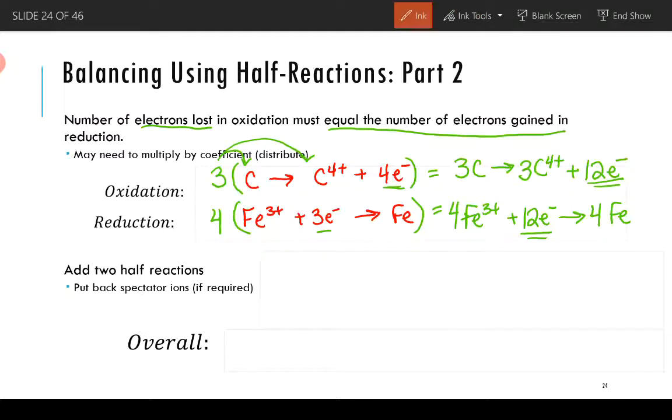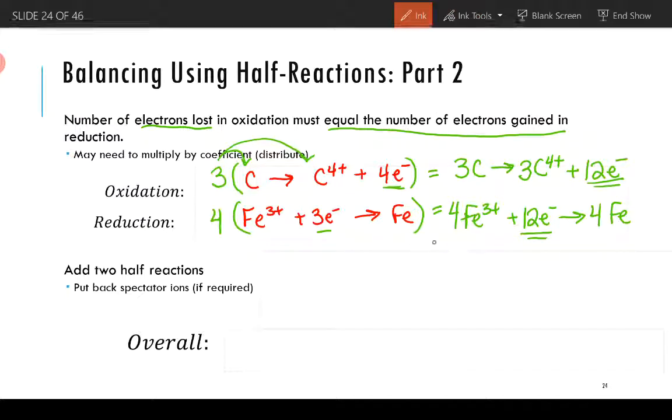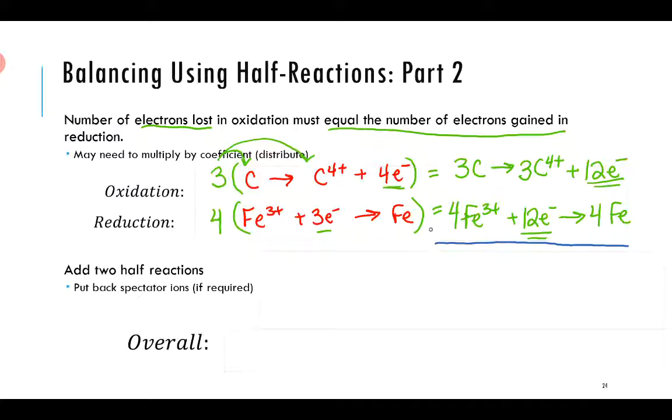Okay, and so now we can add those together. Everything on the reactant side is going to stay on the reactant side. Everything on the product side is going to stay on the product side. I'm going to rewrite this a little bit more centered though. So everything on the reactant side, I'm going to write over here: 3 carbon plus 4 iron 3+ plus 12 electrons.